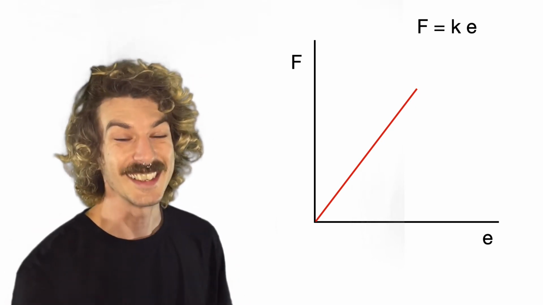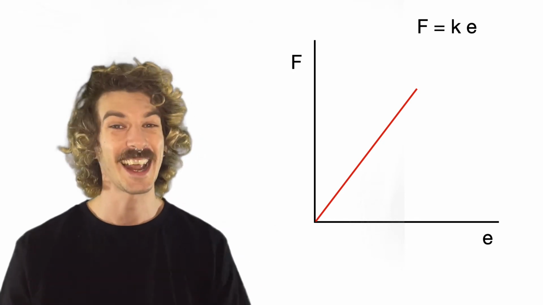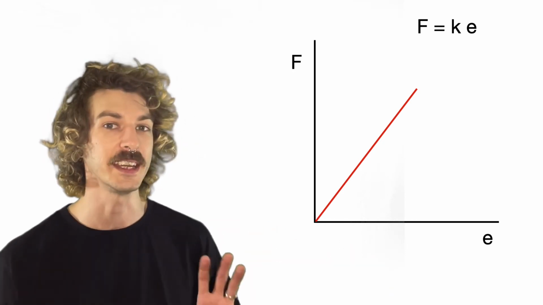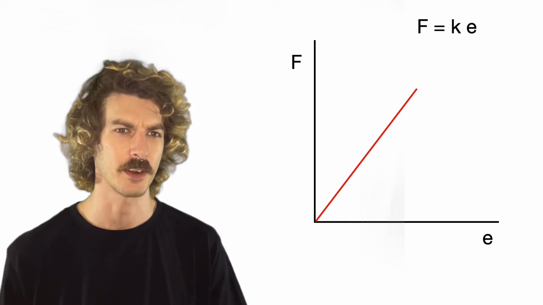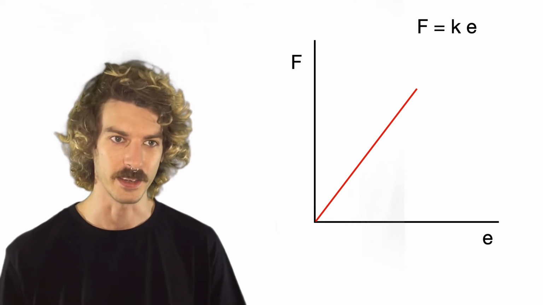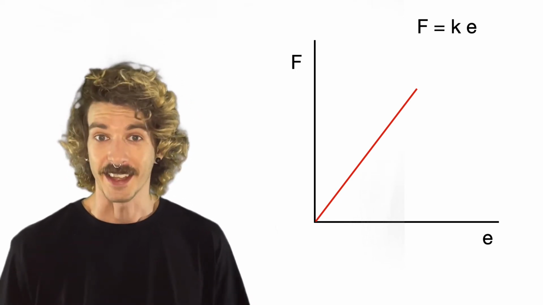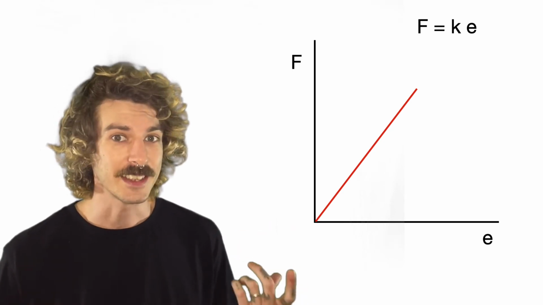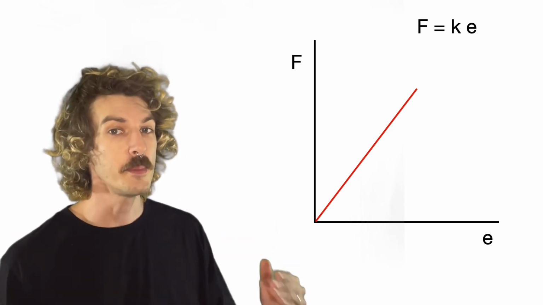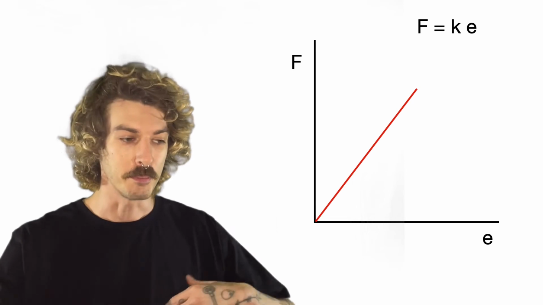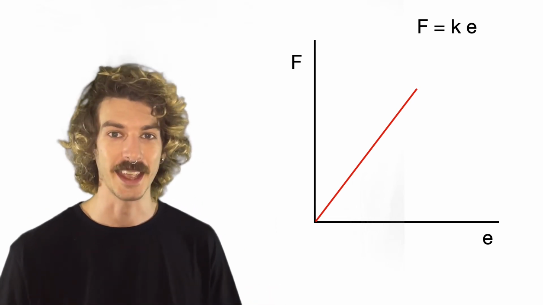Now, when an object is inelastically deformed, when we have plastic deformation, you don't get a linear relationship like this. The graph will look a little bit weirder. In fact, even for a spring, even for an elastic object, there will be something called the limit of proportionality, beyond which it stops behaving elastically.